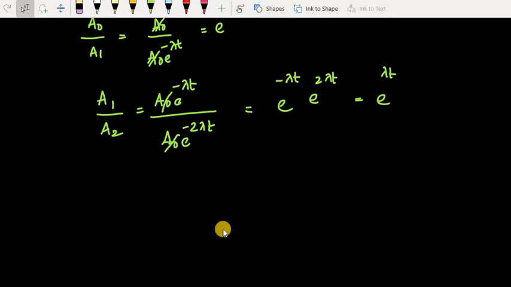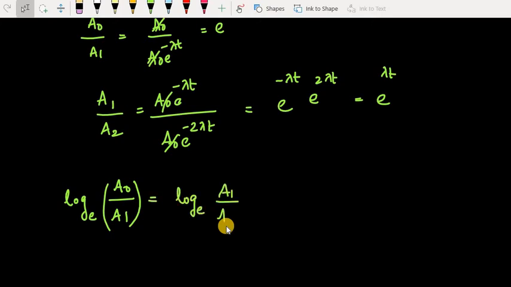The logarithmic decrement, as per definition, is the natural log of the ratio of consecutive amplitudes. That is, log to the base e of a0 by a1 equals log to the base e of a1 by a2 equals log to the base e of a2 by a3.